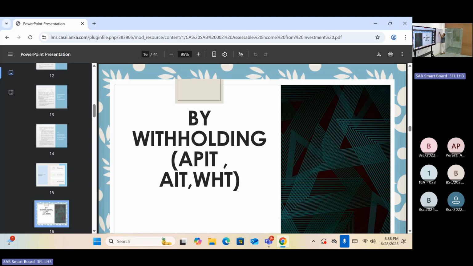So that payment, the person who receives it, it is his or her income. On the payer side it is expenditure, on the receiver side it is income. So on her income, this person is holding the tax.